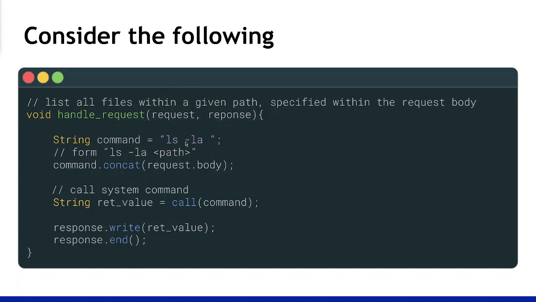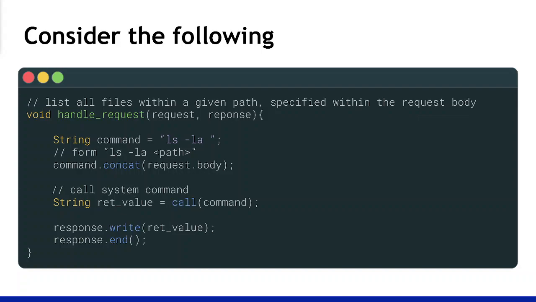In this case, it's ls -tac -la. Once our input is added to the command, the server makes an operating system call, a terminal call, to perform that command, and then it will write in the response what that returned, and then send it back to us.